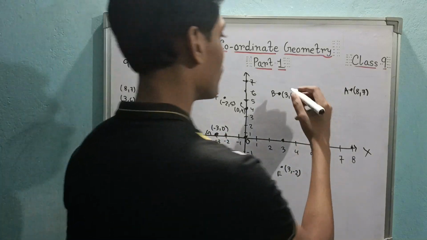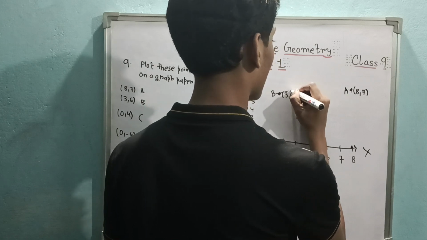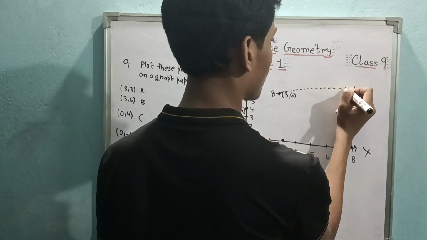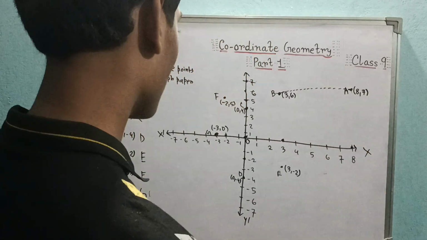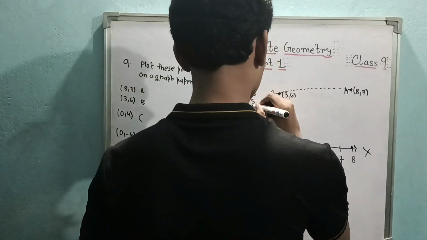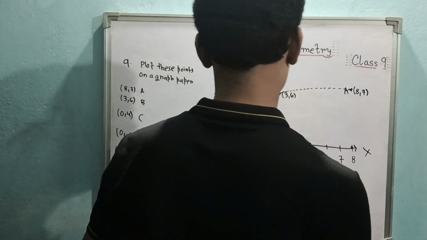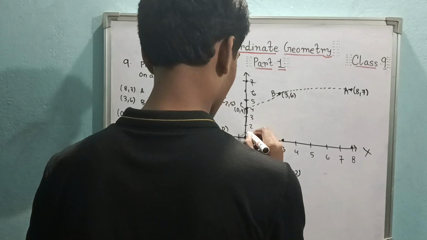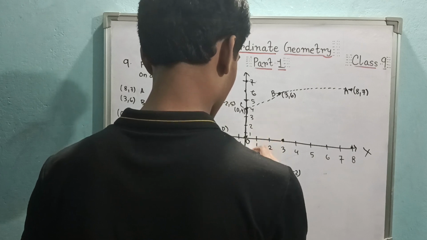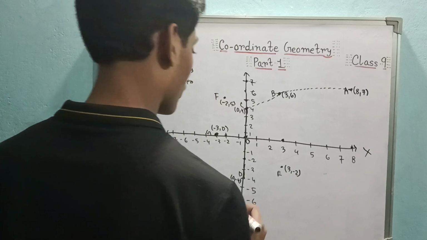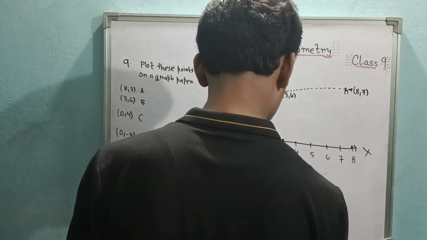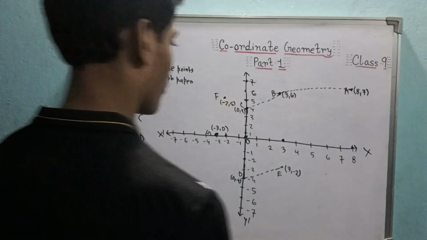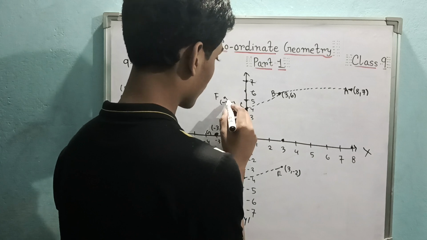And joining them, I'm just joining by a dotted line. You get some kind of a figure like this. Then it comes to D. Here it goes to E. Then F. Whoa, this is crazy.